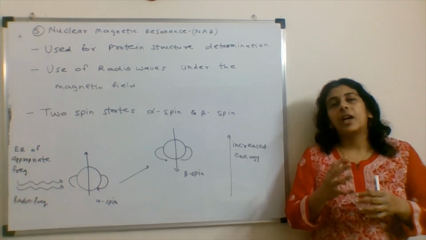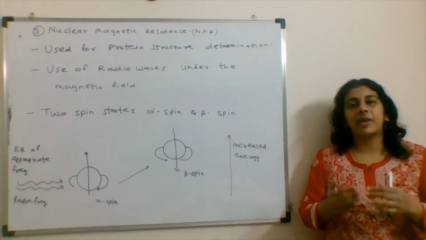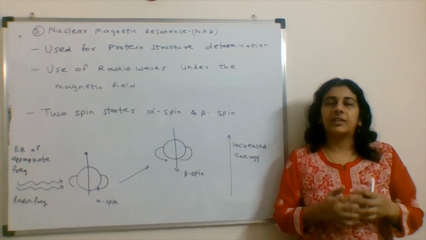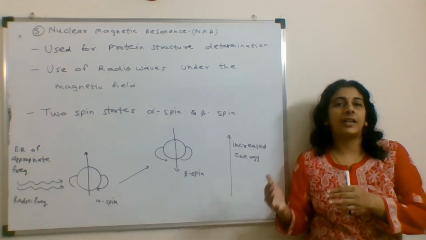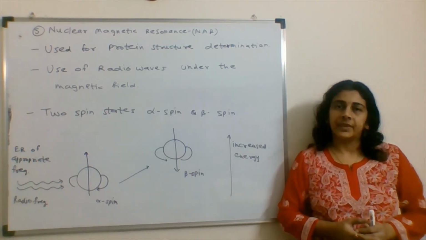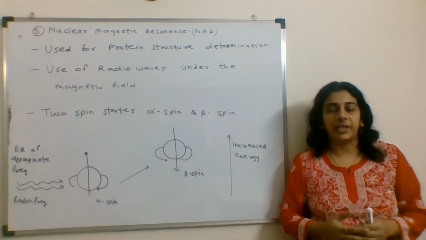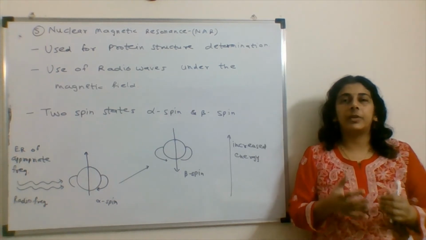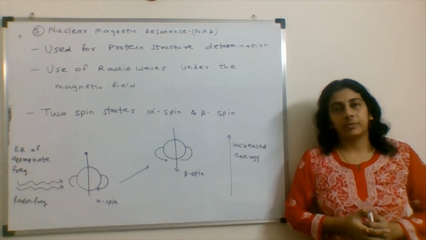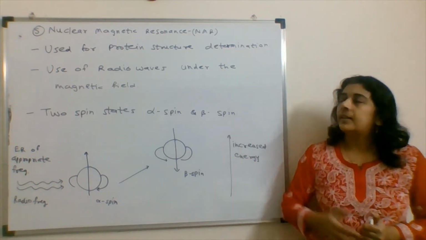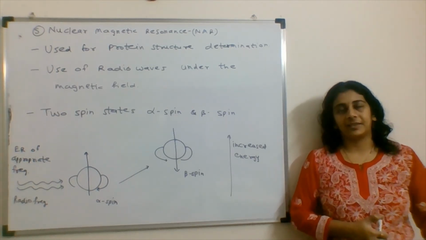As it gets shielded, it will be less exposed to the magnetic field and radio waves, and it will show a smaller peak as compared to the carbon atom attached with the oxygen atom. Okay, so using the occurrence and height of peaks, we can determine which atoms are there and what the structure of that particular biomolecule is. So this is about NMR, a protein structure determination technique.